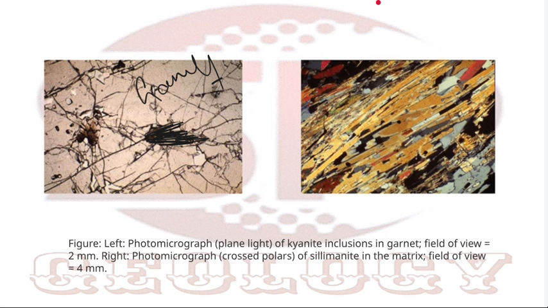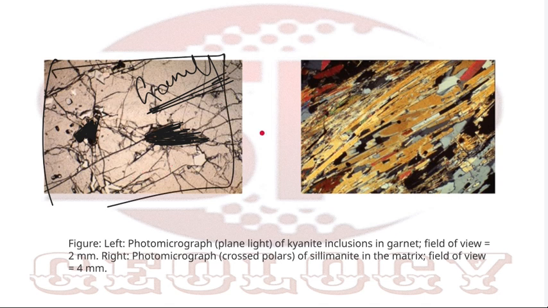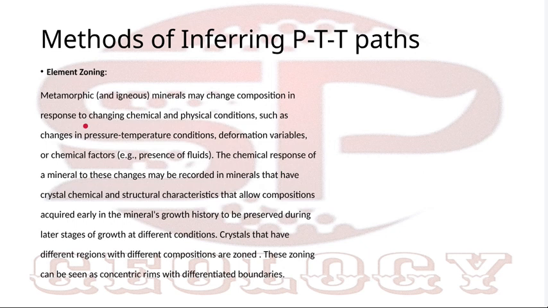See here what happened? Garnet is replaced by kyanite. These are kyanites. So this reaction occurs at a particular temperature and pressure condition. So when we get this type of rock with this type of texture in a particular area, we can say that the pressure and temperature condition at the formation of this rock was like this.